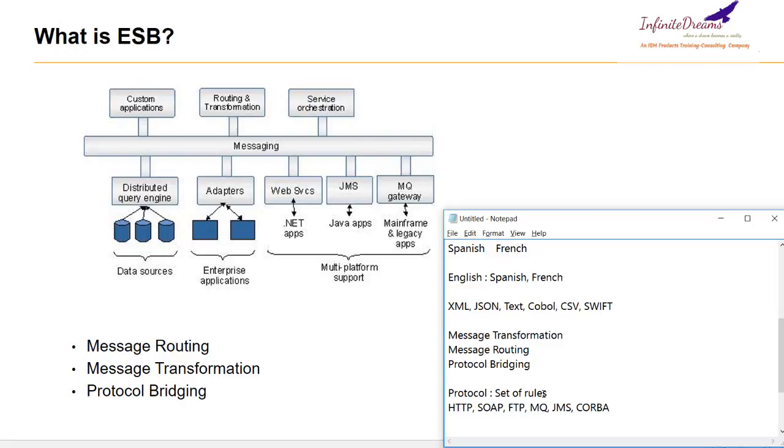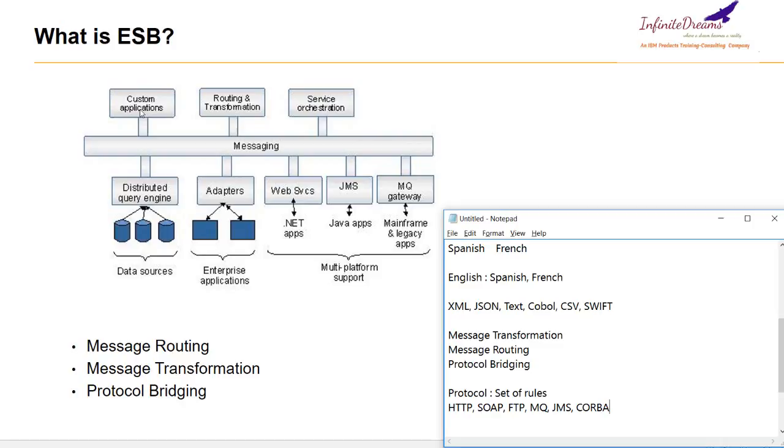Different applications will have different message formats, and different applications might use different protocols to send their messages. Suppose this Java based application, which I am showing as a custom application, wants to send a message to a JMS application.